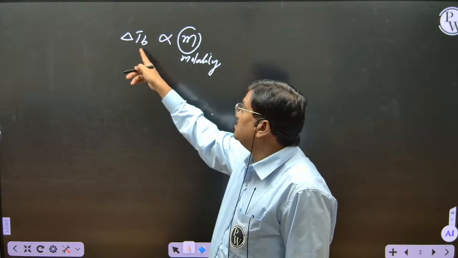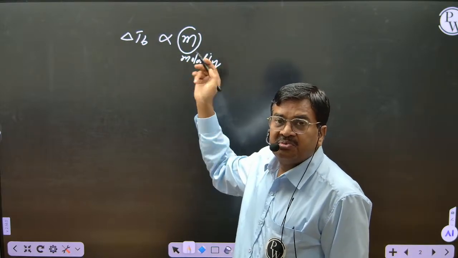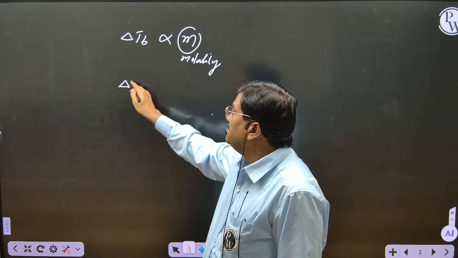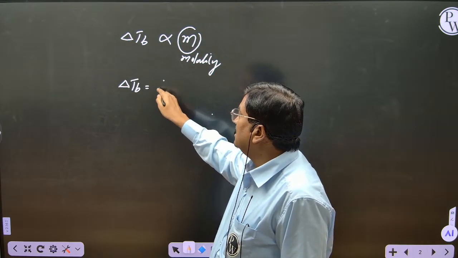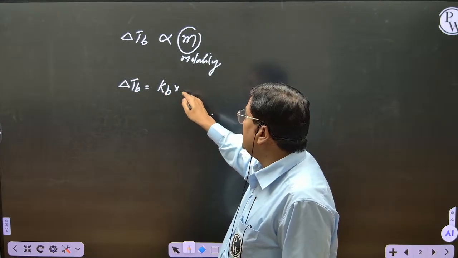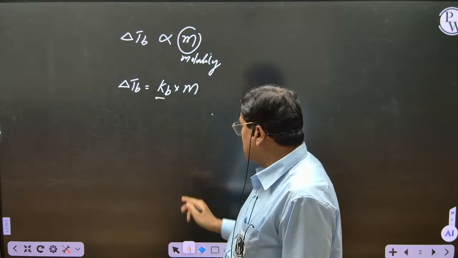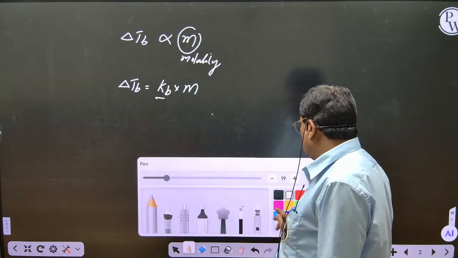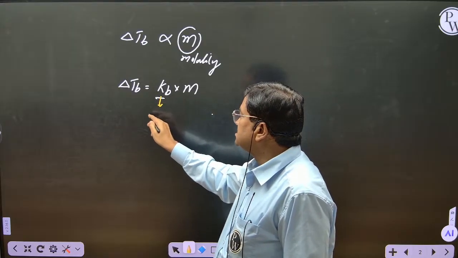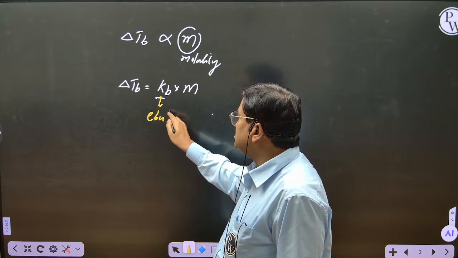So the elevation in boiling point will be directly proportional to molality. Removing this proportionality, we multiply with a constant called Kb. Now see, a new important constant we are getting, and this new constant Kb is called the ebullioscopic constant.